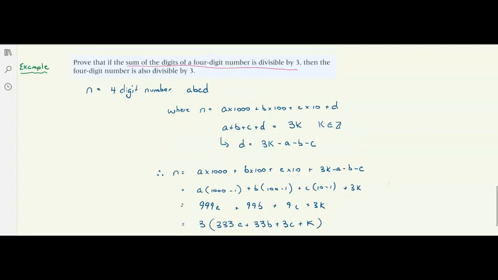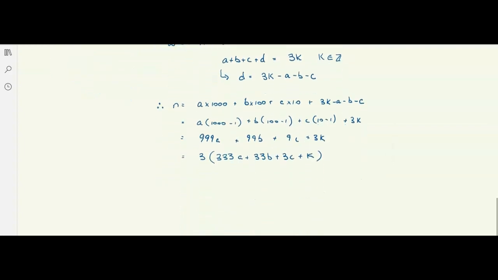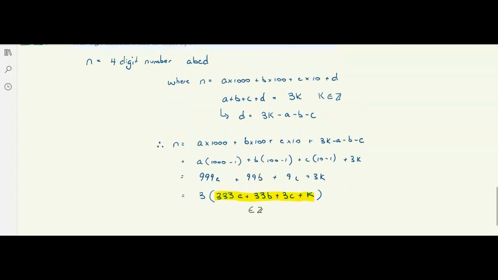Now what we've got in brackets here is an integer, because A, B, C, and K are all integers.